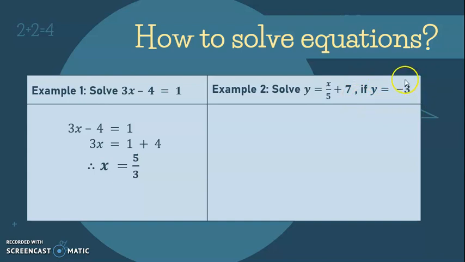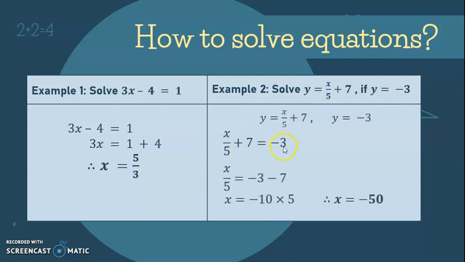So you can just insert this negative 3 into this equation. Once you insert, it becomes x over 5 plus 7 is equal to negative 3. Next, you just need to solve and make x the subject. Then you'll get x is equal to negative 50.